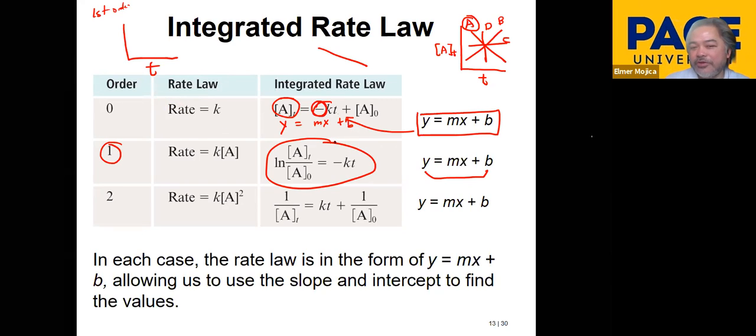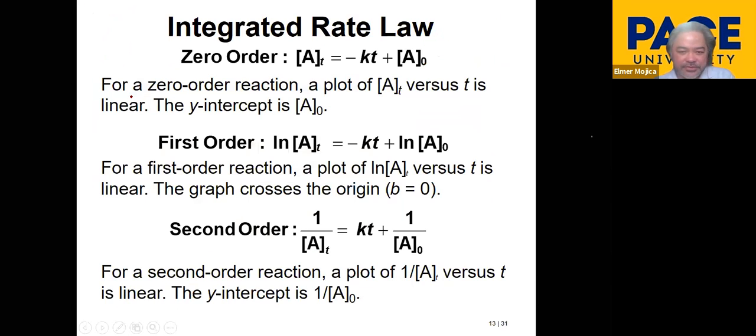If you break it down and make it in this form, what will be the Y value that I'm going to put in the Y-axis? If it's a zero order, it's the concentration of A with time. This one is the natural log of the concentration of A, ln A, with time. Because if you break it down, this is how it looks: y equals mx plus b. Does that make sense?